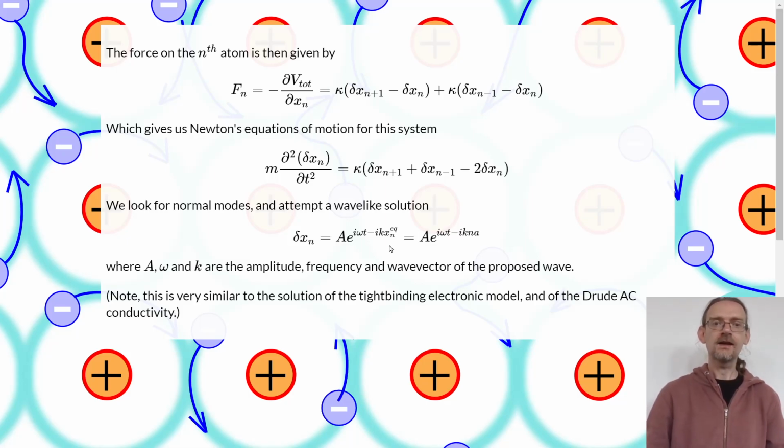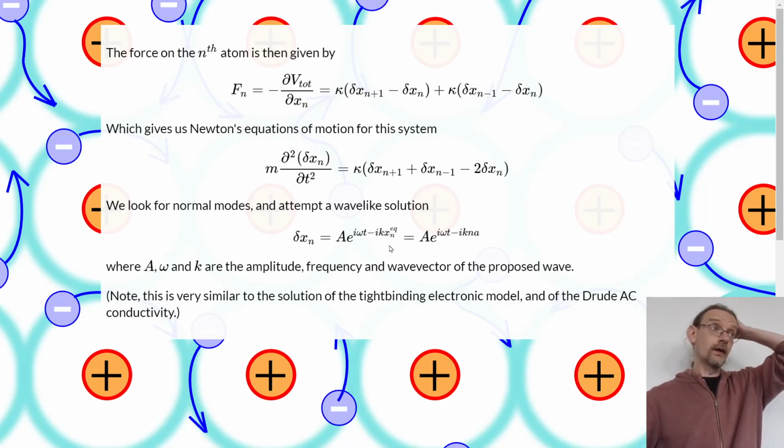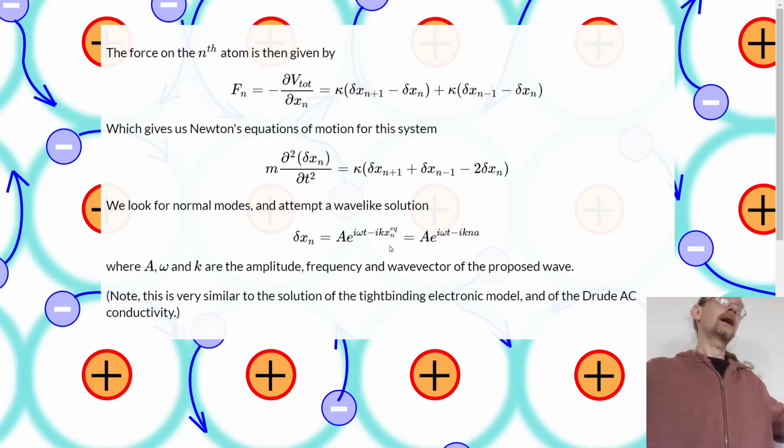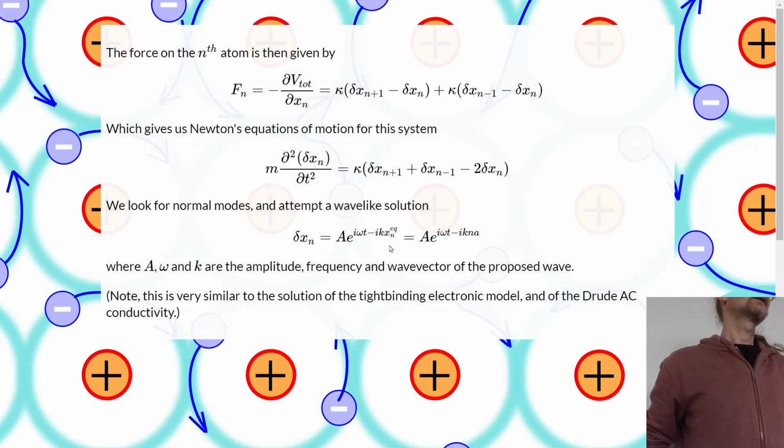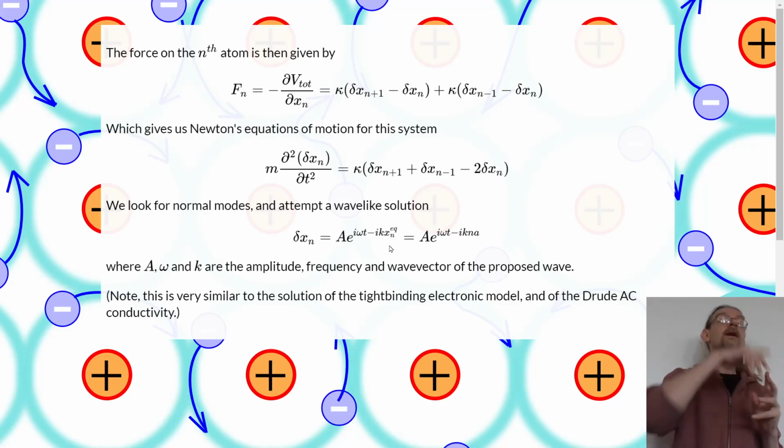And then we're going to do exactly the same trick that we did for the quantum mechanical system. We're going to say, well, we know that our system is repeating periodically, so we must have some sort of periodic solution. There must be a Fourier type of solution, a periodic solution to our displacements.